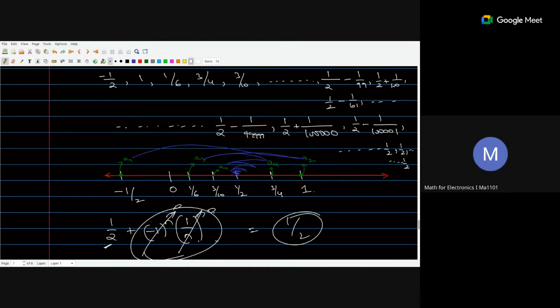Okay, so the lower bound is minus 1 by 2. Minus 1 by 2 acts as a bound, and so does any number less than minus 1 by 2. If I say minus 1, none of my sequence values will be less than or equal to minus 1. Yes or no? Yes, sir. So minus one acts as a lower bound for me, right?